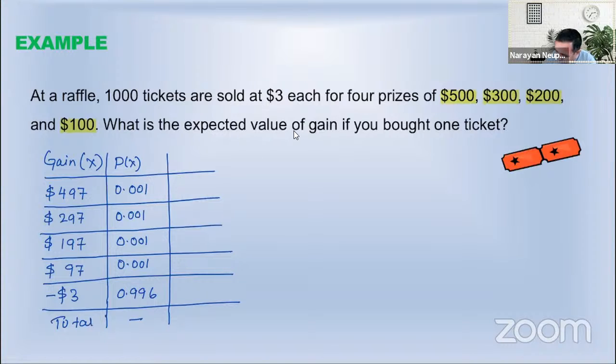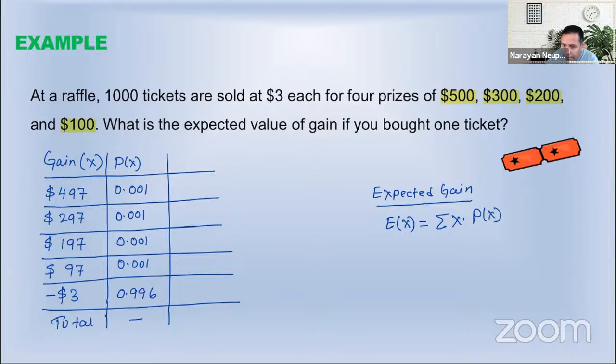So you know that the expected gain, we write it as E of X as the expectation, is the sum of X times P of X. Okay, expectation will be sum of X times P of X. Here is X, here is P of X. So we have to multiply them and add them together.